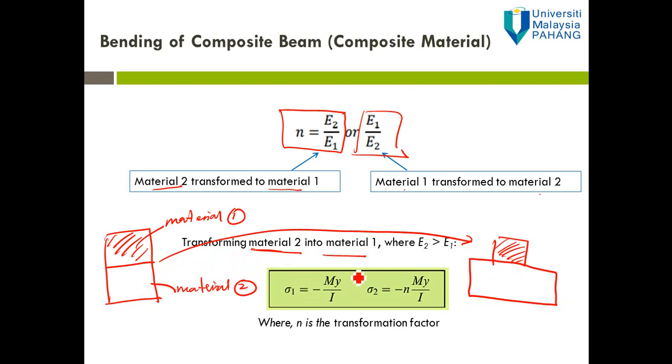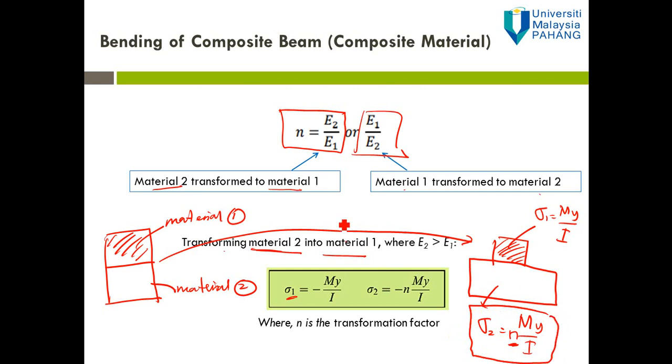So how do we calculate the stress for this beam? The stress for material 1 is equal to My over I, but the stress for material 2 is equal to My over I multiplied by n. If we transform material 2 into material 1, you have to multiply by the transformation factor in order to calculate the stress of material 2.